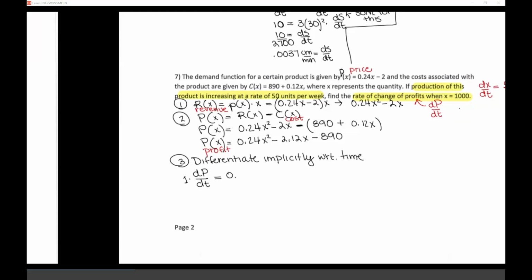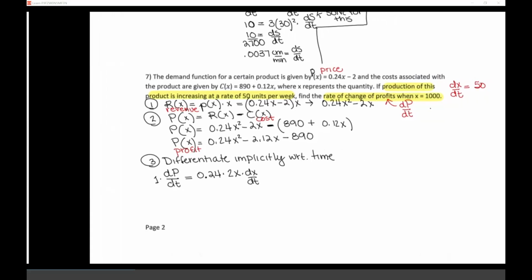So I differentiate the outside of this. Again, pull away the coefficient, differentiate x squared. The outside derivative is 2x. The inside derivative is dx/dt. Do the same thing with the next term. Pull away the coefficient. Bring down the exponent, 1. Drop the exponent by 1.